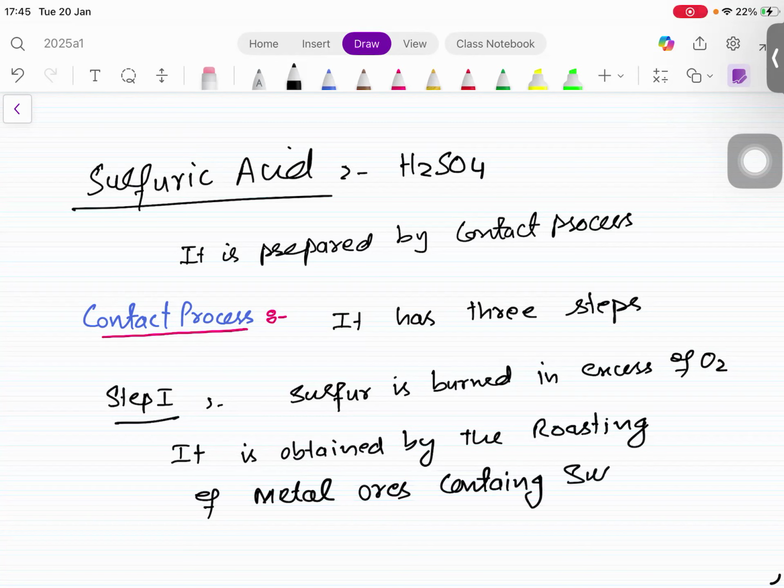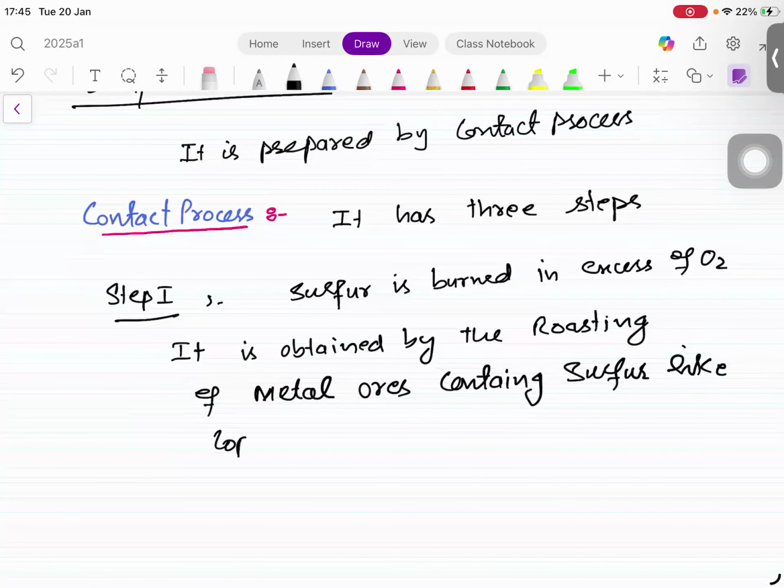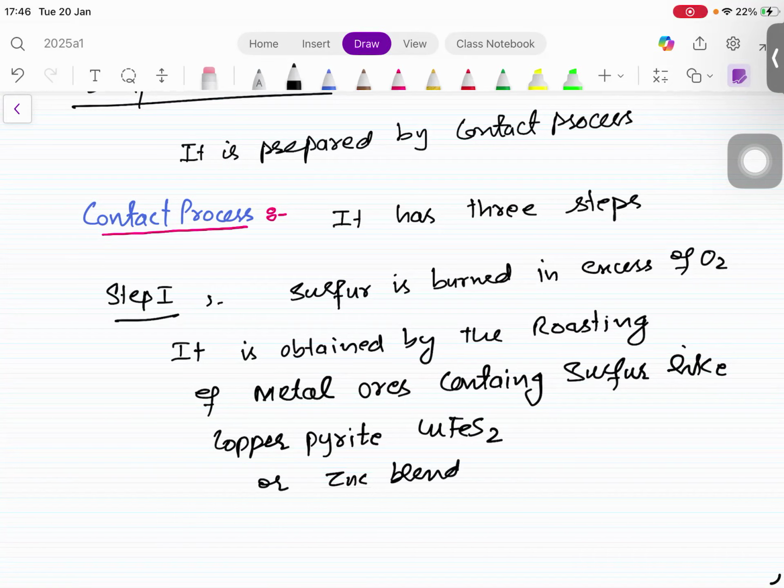Like, they can ask you the name as well. Like, one is copper pyrite, formula is CuFeS2, or zinc blende, ZnS.